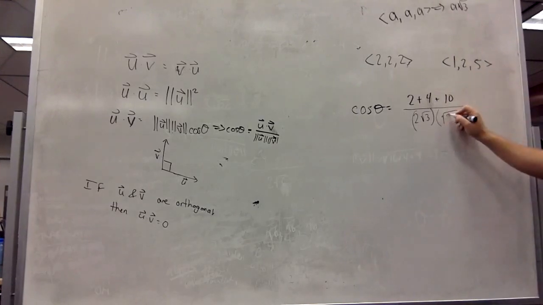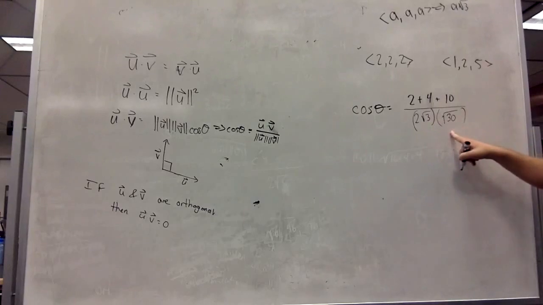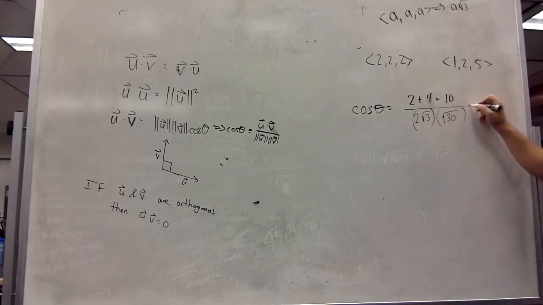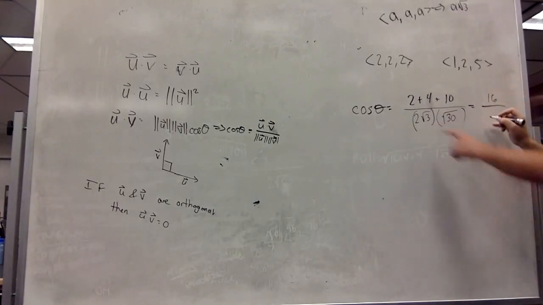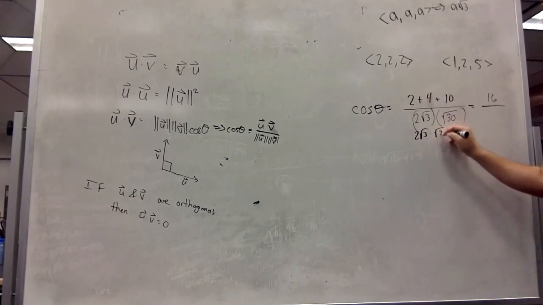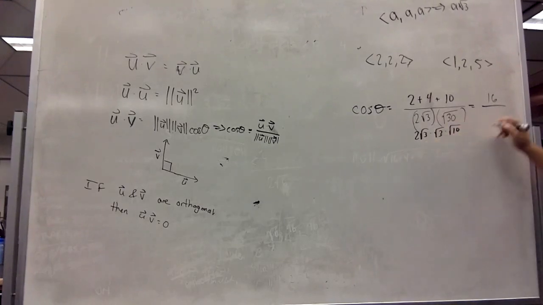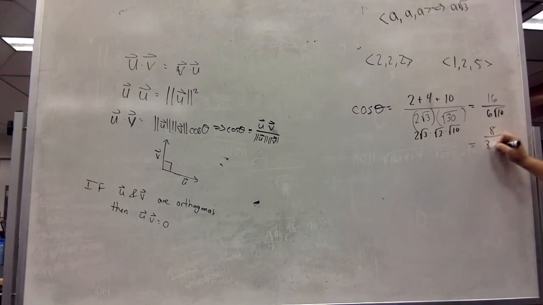So square root 30. Notice root 3 and root 30 have a common factor of root 3 that I'll pull out. So this is really 16 over 2 times root 3 times root 3 times root 10. Root 3 times root 3 is 3, times 2 is 6. So I have 6 root 10, better known as 8 over 3 root 10.